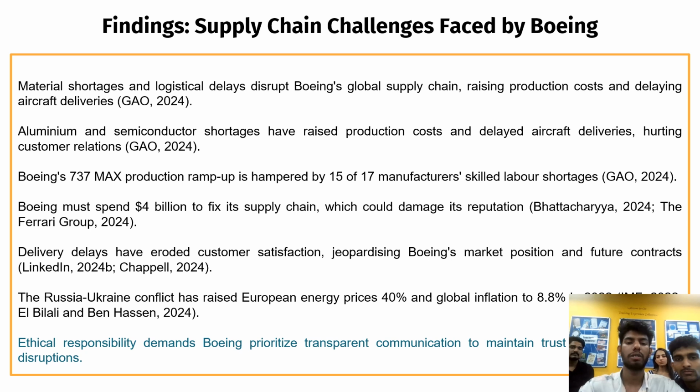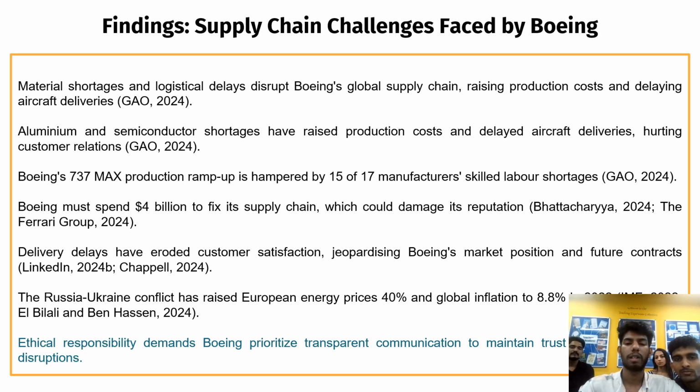In addition to material shortage, Boeing is also dealing with skilled labor shortage, which has been identified by a majority of manufacturers as a major issue. This shortage has particularly affected the production of the 737 MAX aircraft, further hampering Boeing's ability to meet demand.